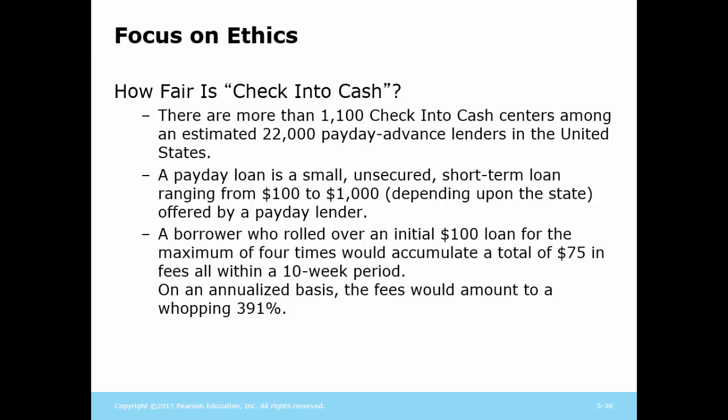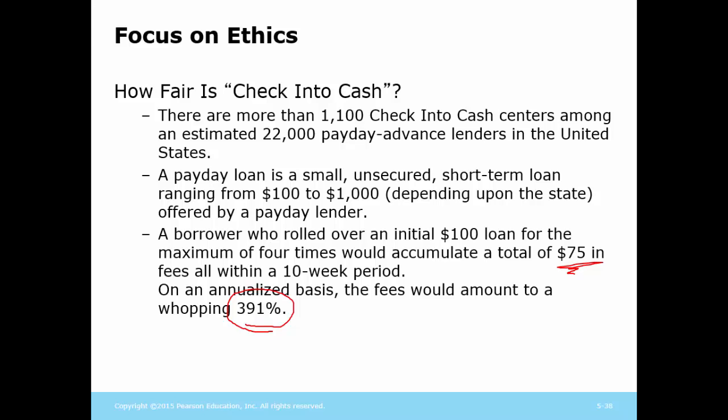So let's say that it has a relatively low fee. Now, let's say that the fees on a $100 loan, accumulated throughout a 10-week period, might be $75. If you annualize that, and that's the importance of this effective interest rate, to understand that the effective rate, what you actually pay, is 391% interest.